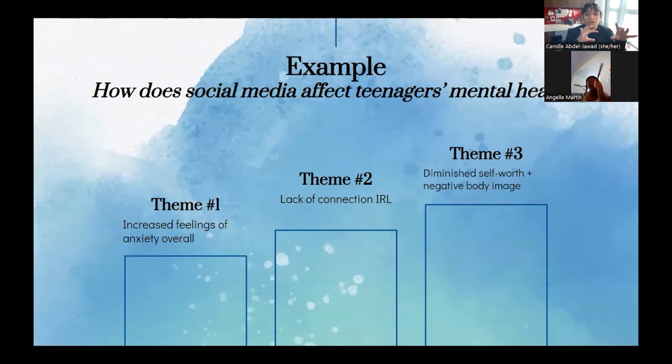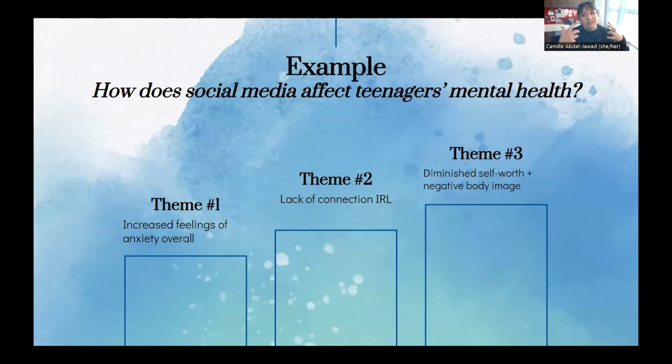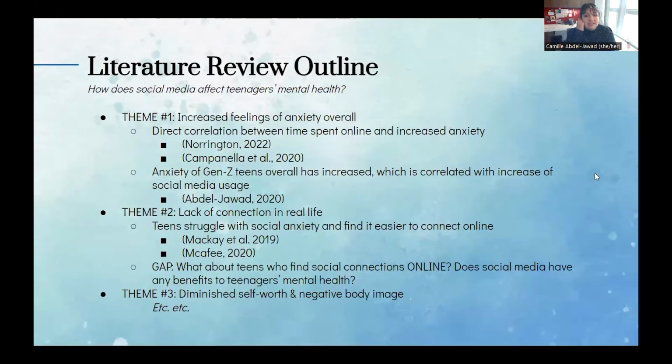Again, we're just looking for different themes or different ways to find connections between the literature that's out there. So this is an example of organizing it thematically. I've identified 3 themes here. And if I think about how I am going to outline this, you might want to create a literature review outline just like you would a paper outline, because you want to be really intentional with it.